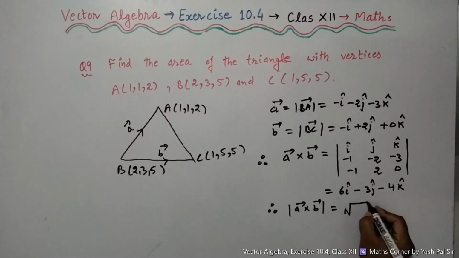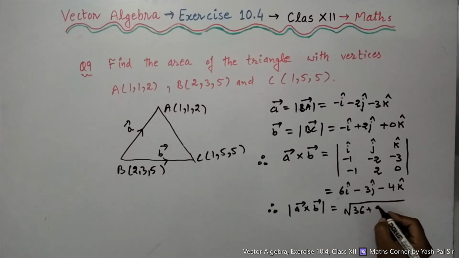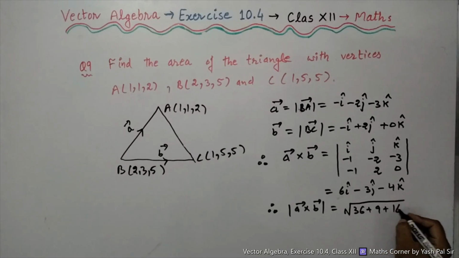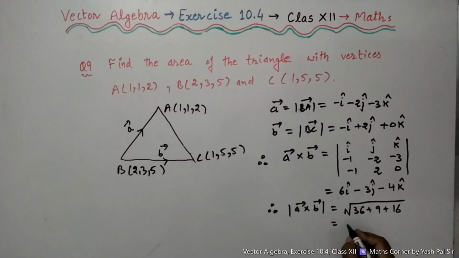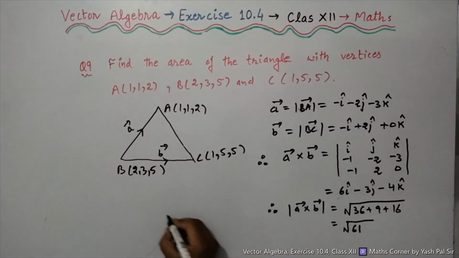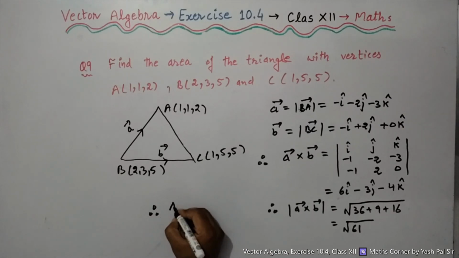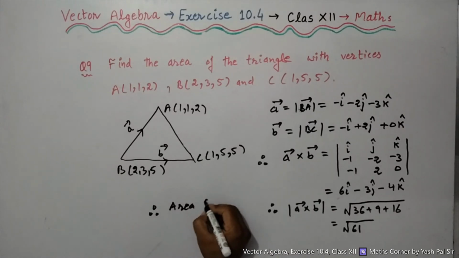Therefore magnitude of A cross B is equal to square root of 6 sixes are 36, 3 threes are 9, 4 fours are 16. So this is equal to square root of 61.